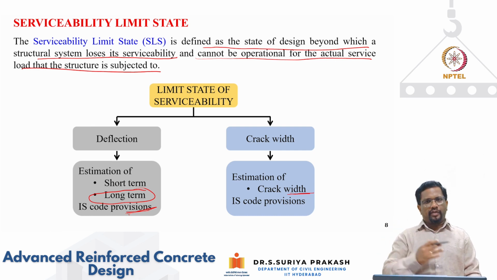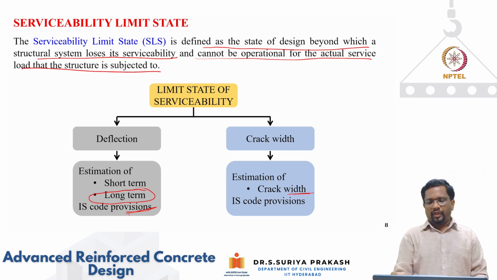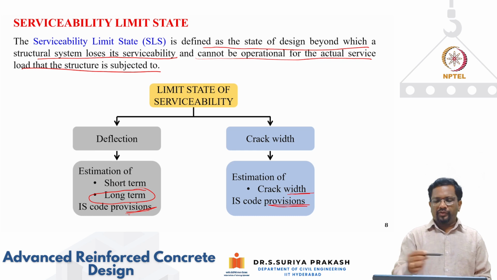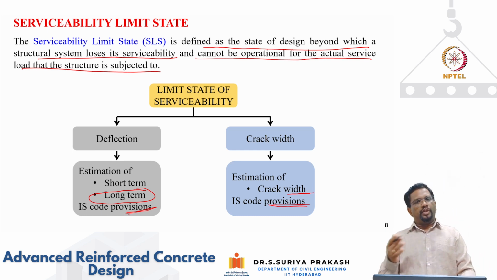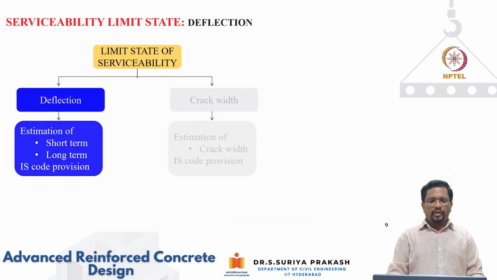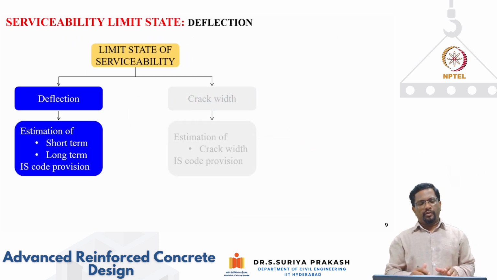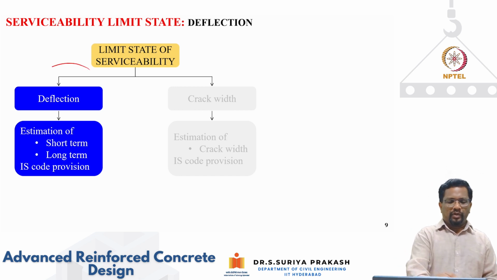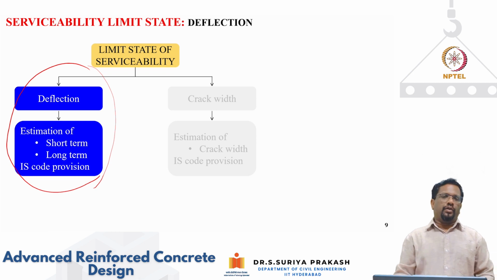The crack widths cannot exceed 0.3 millimeter under service loads. And we will also talk about how we can use IS code provisions to check the crack widths at different cross sections. Right. So in this part of the module, we are going to focus only on deflection, where we are going to focus on short-term and long-term deflections.